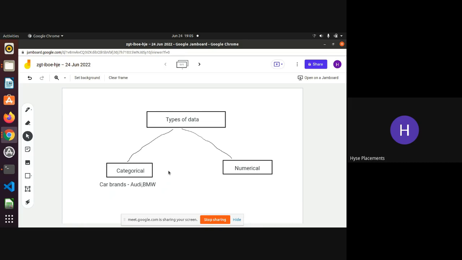And we have numerical data as well. So what do you mean by numerical data? Numerical data represents numbers. If you get any numbers-related data, then the entire data belongs to the numerical category. Numerical is again divided into two types: one is discrete, and the other one is continuous.